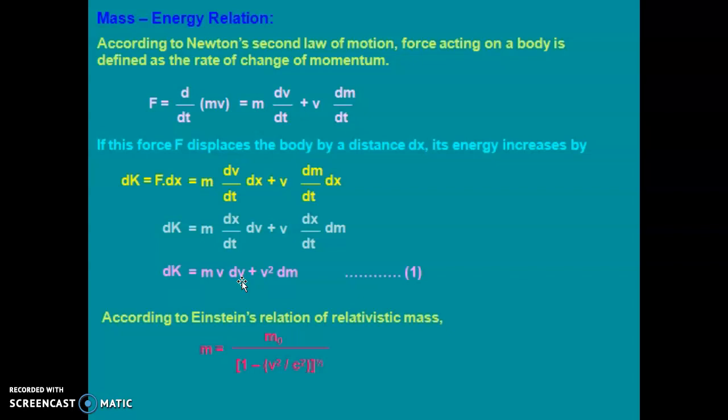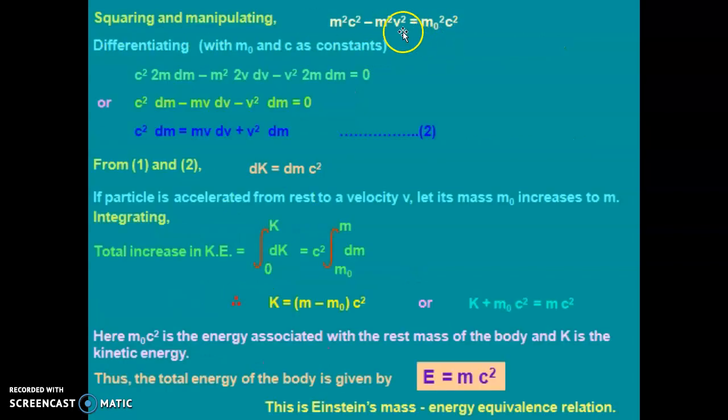According to Einstein's relation of relativistic mass, this is Einstein's equation. Squaring and manipulating this equation, we get this.